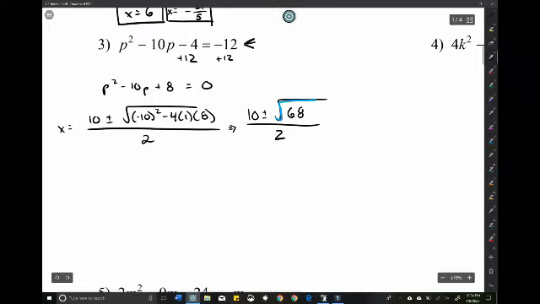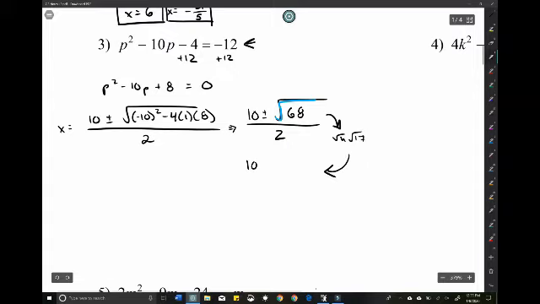Square root of 68, so we're going to try and break that up. What can that be broken up into? Nope, 68 by 4. Yeah, 4, okay. This is really square root of 4 times square root of 17.